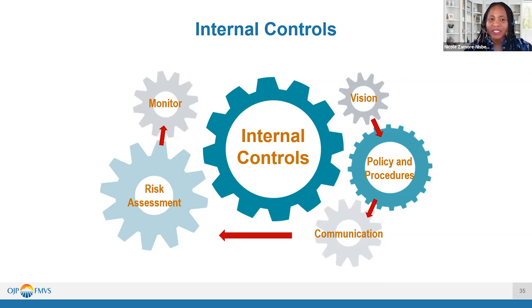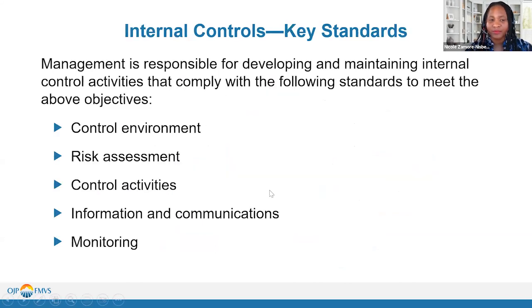It is the management's responsibility to develop and maintain internal control activities for your agency. This is why it's very important to communicate and receive communications from your staff. So in a two-way manner, you give communication and you also receive communication to make sure that your policies and procedures are working properly in terms of your internal controls.